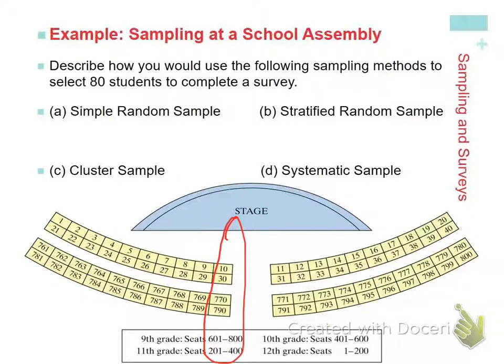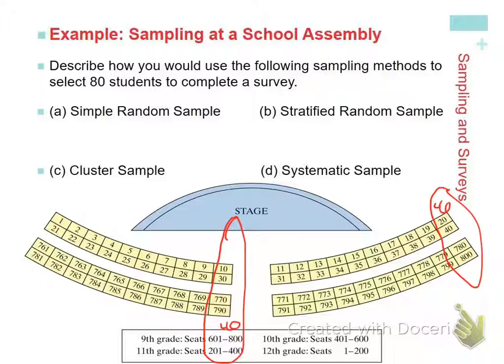So columns, let's see. Okay, so maybe we choose everybody, or not, we can't just pick which spot. So we're going to randomly choose a column, not a row, maybe a column that might be all of the seat numbers ending in 0, right? So all of your multiples of 10. That's going to give you 40 participants here, and then you're going to come over here and get 40 participants over there to make your 80, right?